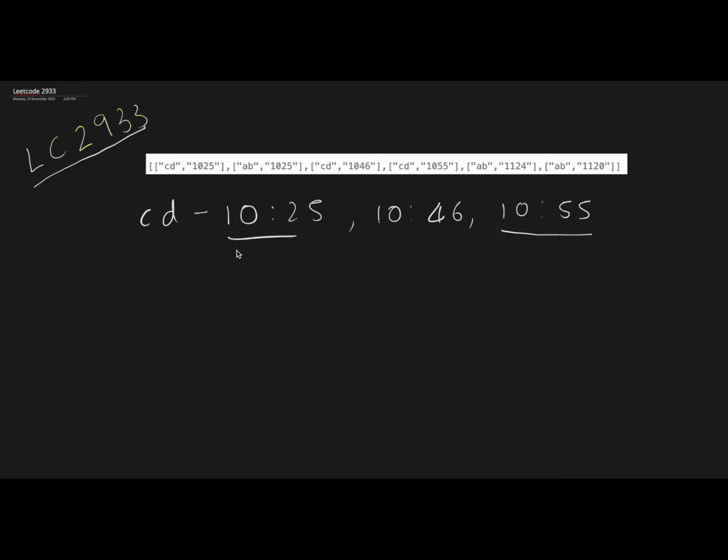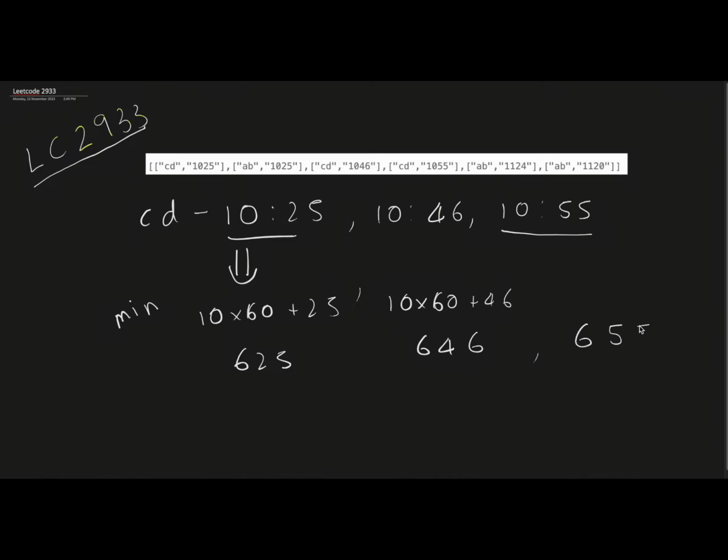What I'll do is convert everything into minutes. For example, 10 hours means 10 into 60 plus 25, which would be 625. In this case, 10 into 60 plus 46 minutes, that is 646. And finally, it would be 655.